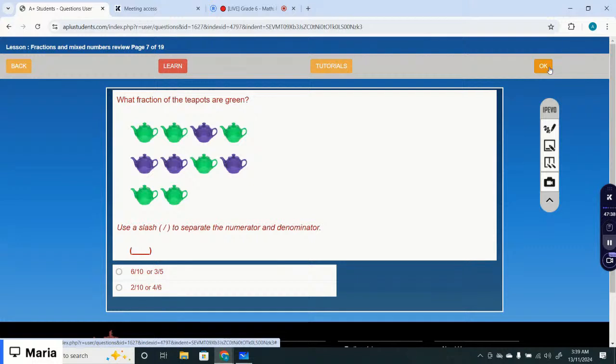What fraction of the teapots are green? Which is the correct option?